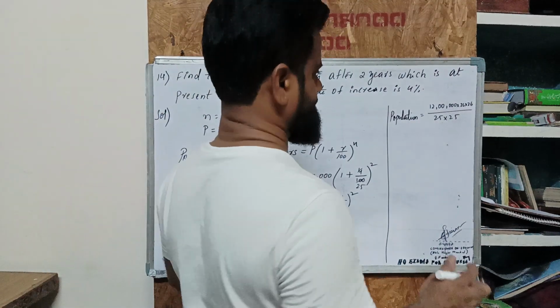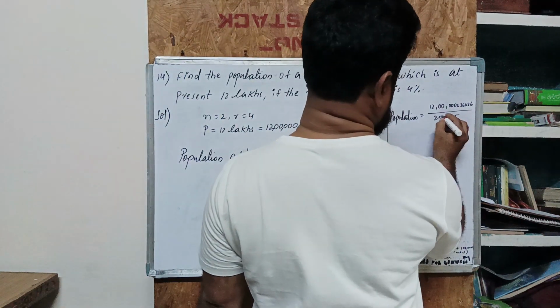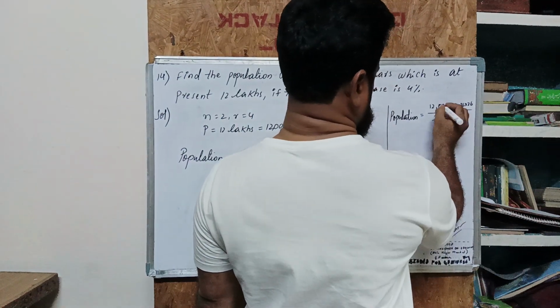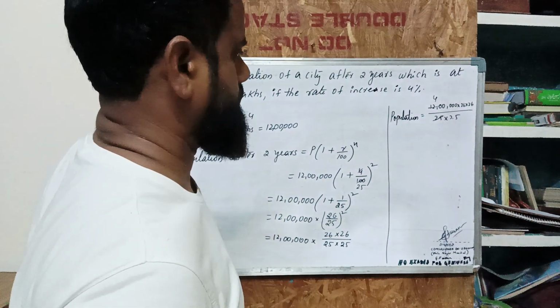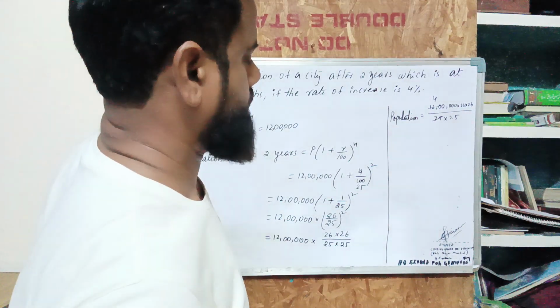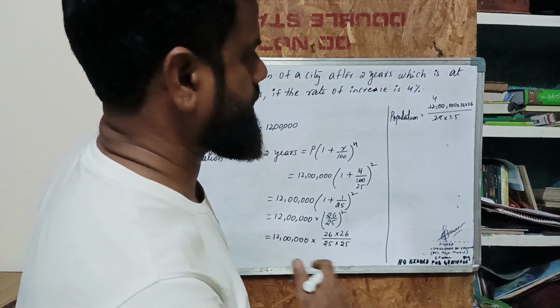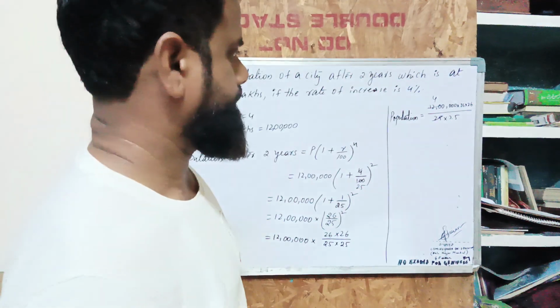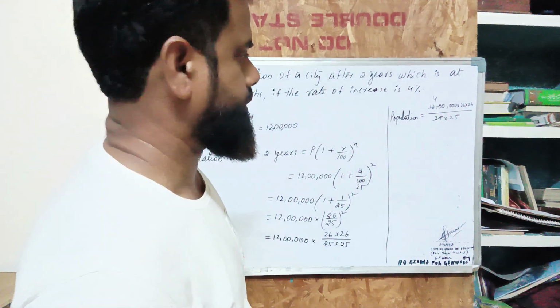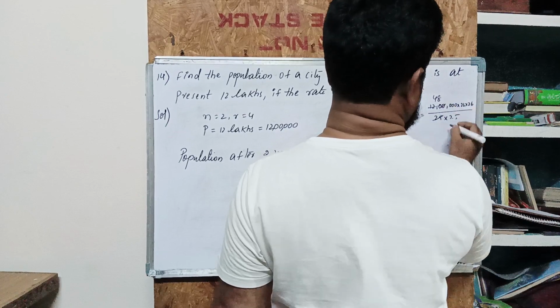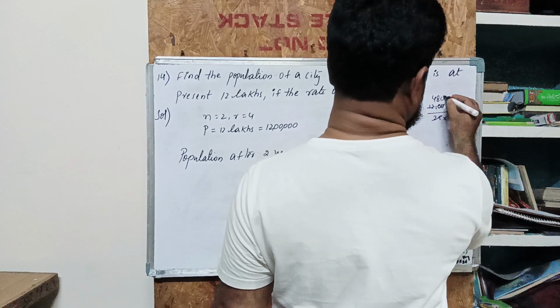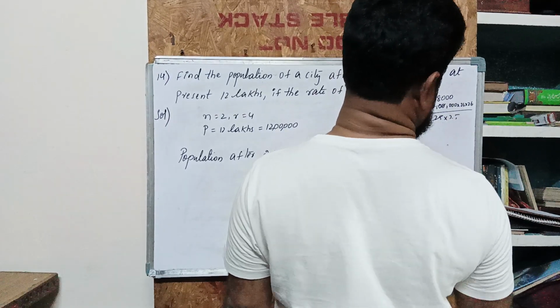Now see this one, how I am cancelling. 25 ones are 25, 25 fours are 100. Okay, 20 remains. 20 and 0 makes 200. So 25 eights are 200. Okay, and these 3 zeros as it is.